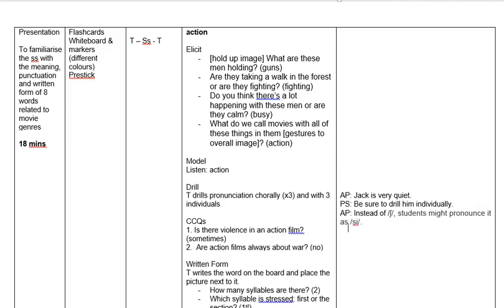Because of the French pronunciation. So in other words, they might say "action" with the French ending instead of "action." Drill the second sound. In other words, you're going to spend a little bit more time getting them to practice the "shun," not "sion."